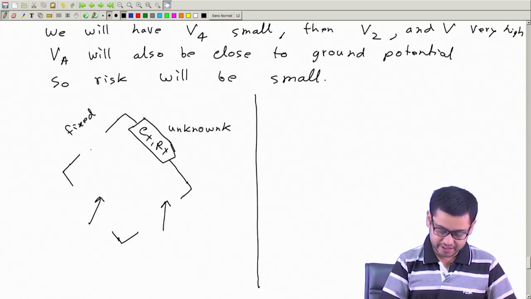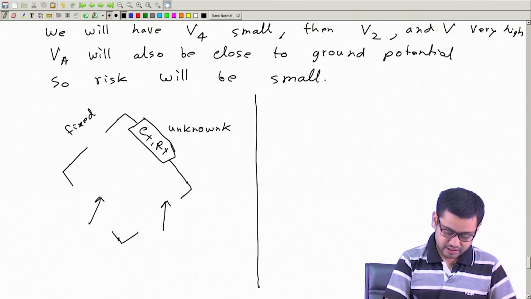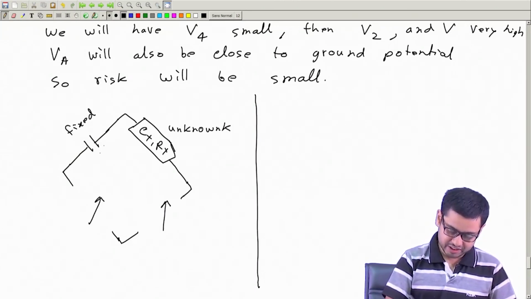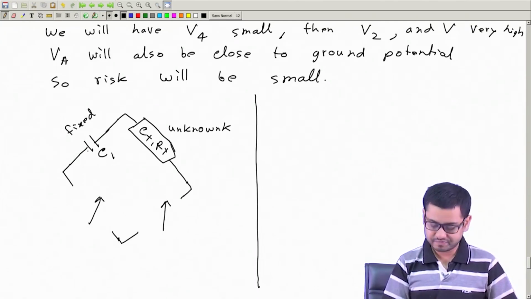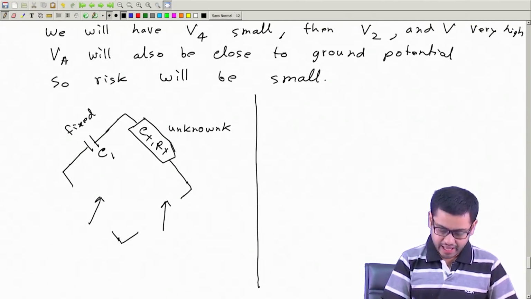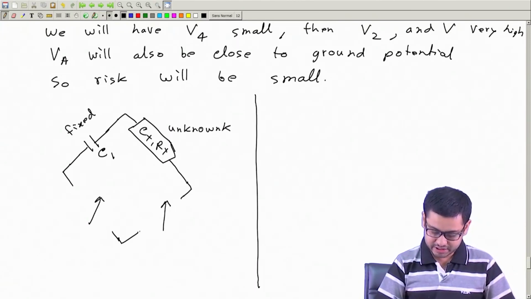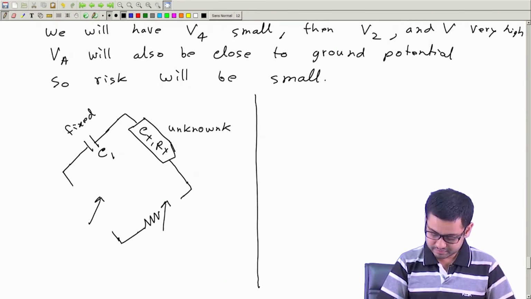Schering proposed that let us have a pure capacitor C1 here, and let us put a resistance.